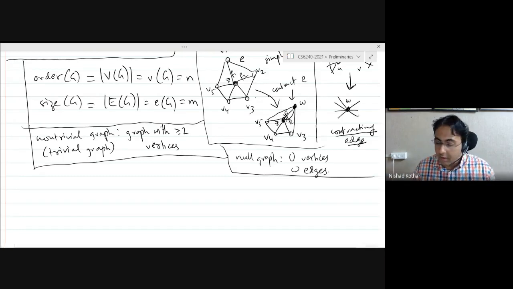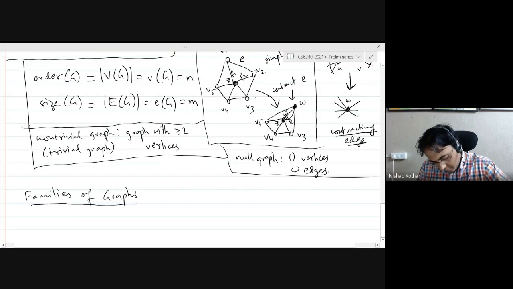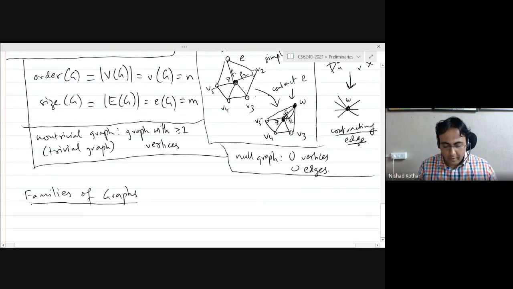Okay, good. So now that we have gone through all these basics, I want to talk about families of graphs that are going to play an important role in the course. Can everybody see this?